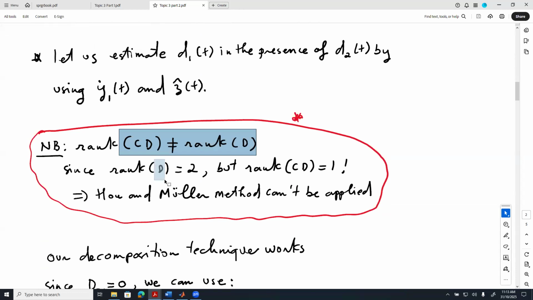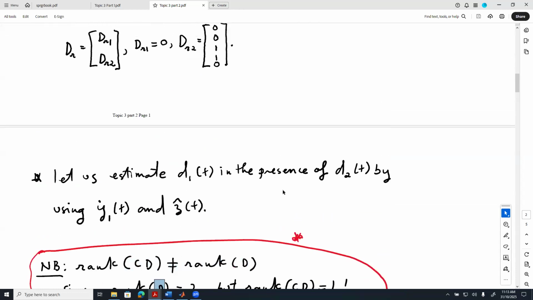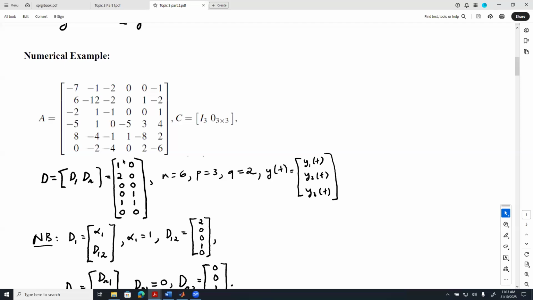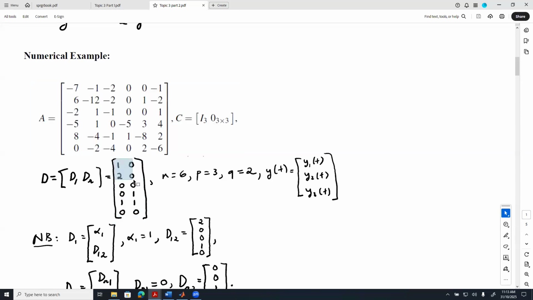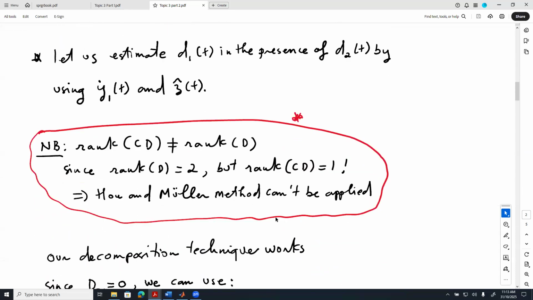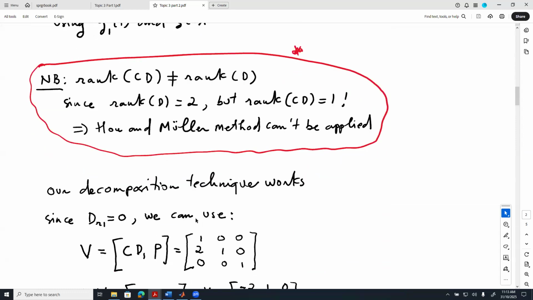The matrix D itself has full rank, so this rank is 2. But when we multiply C with D, we only have this submatrix here, and the rank is just 1. So you can see clearly from the start that existing methods cannot be applied. So let's go ahead with our decomposition techniques.